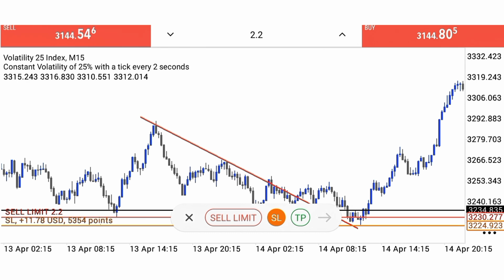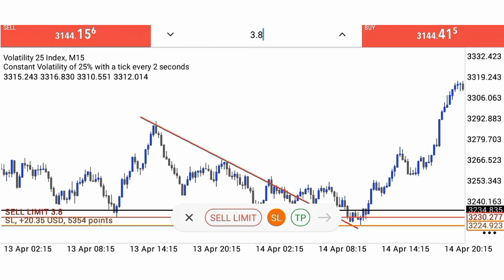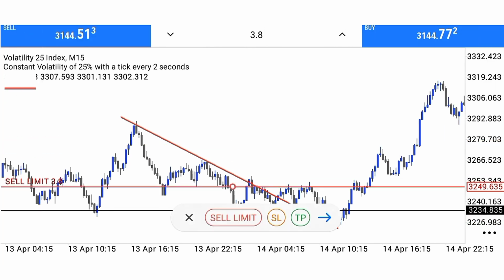So let's say I want to use $20 for this trade. All right. So let's say 3.8. That is 20.35.